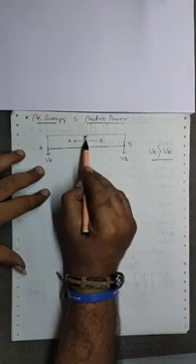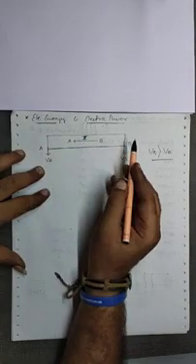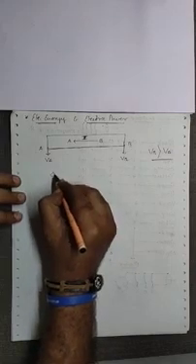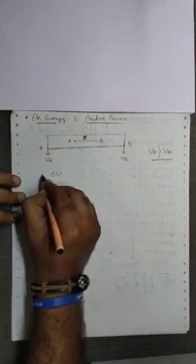This is the direction of flow of electric current. And flow of electric current is nothing but flow of electric charges. Clear? If electric charges are flowing, then what will happen? Then the potential energy of the charges is given by delta U.